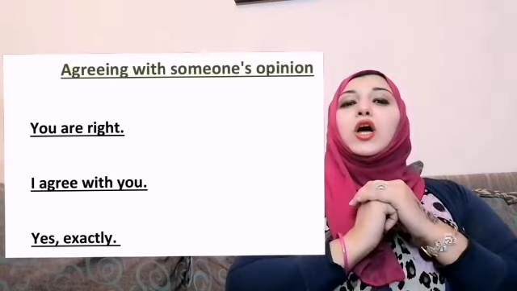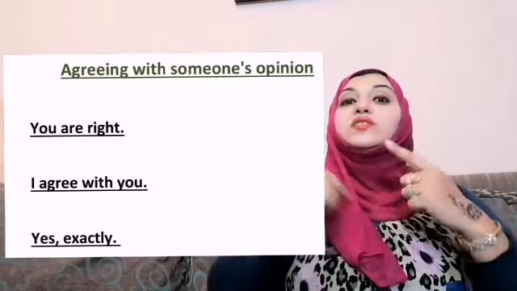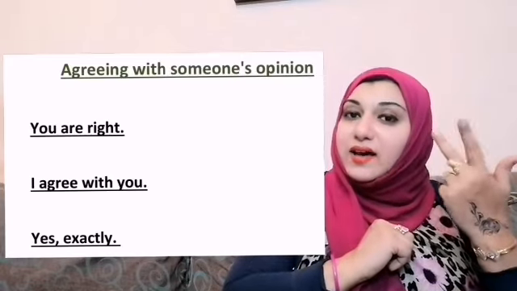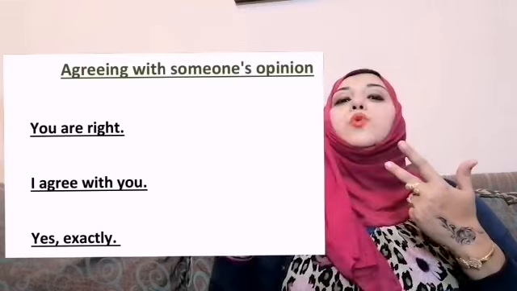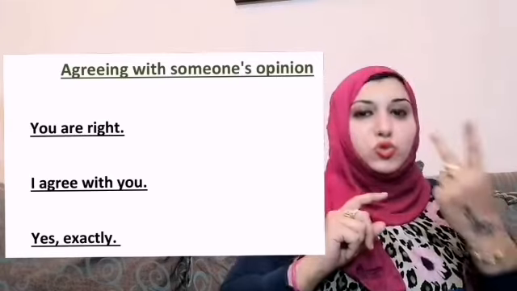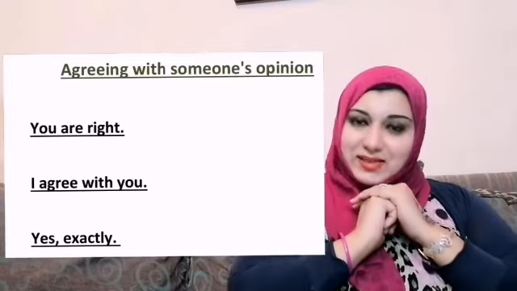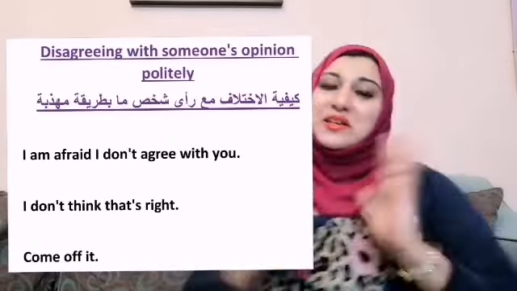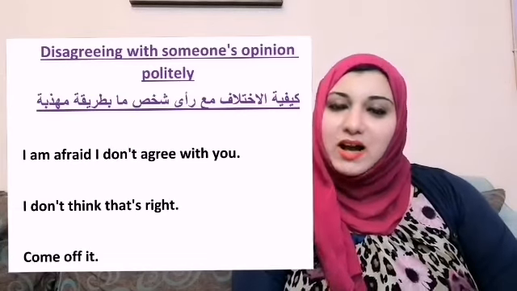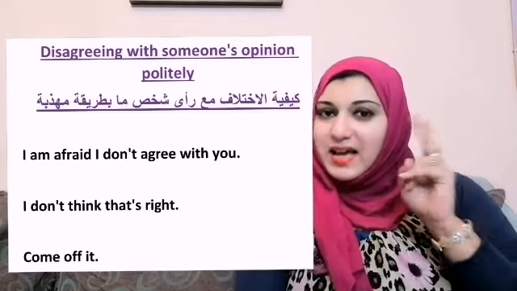And let's go to see how to disagree with someone, because it has two sides. When you disagree with someone's opinion, this topic has two sides, everybody. If you'd like to disagree with someone's opinion, it has two sides.